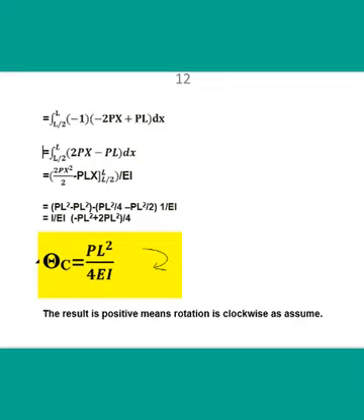After the integration as indicated above, theta C is equal to PL squared over 4EI. Since the result is positive, it means the rotation is clockwise as assumed.